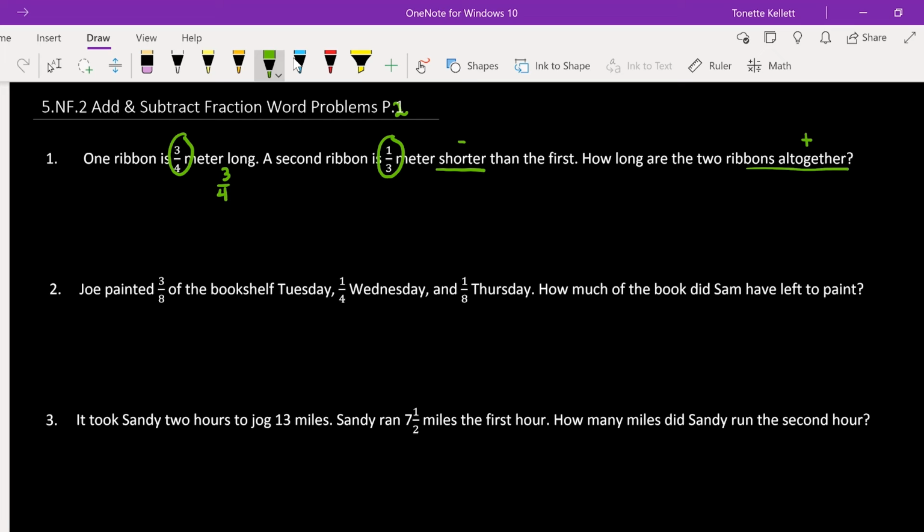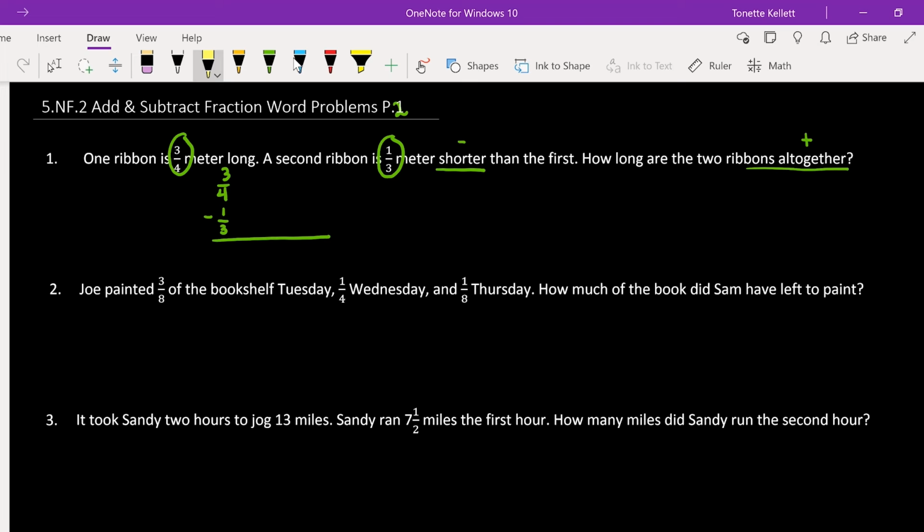3/4 minus 1/3. The denominators are not the same. 3 cannot go into 4 evenly. 4 times 2 is 8. No. 4 times 3 is 12.